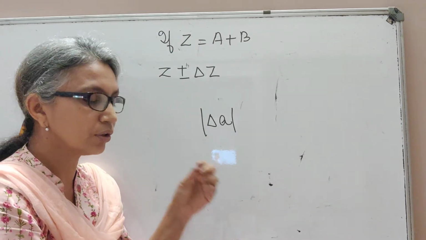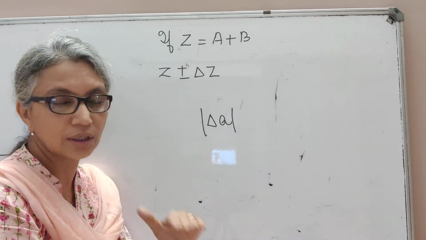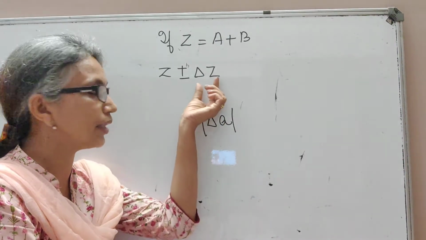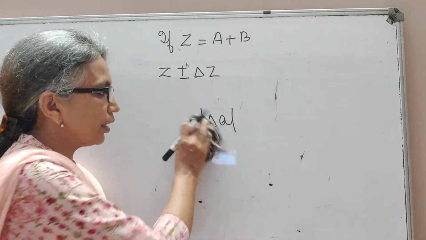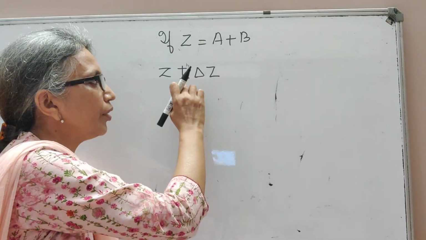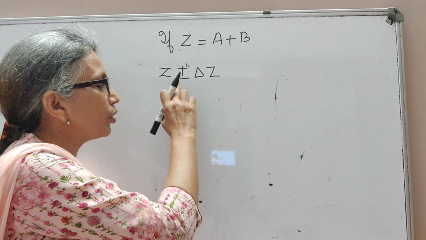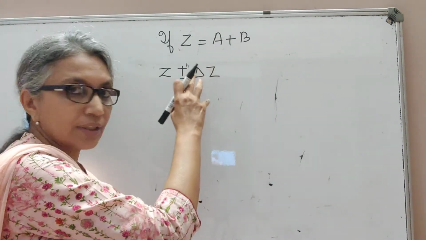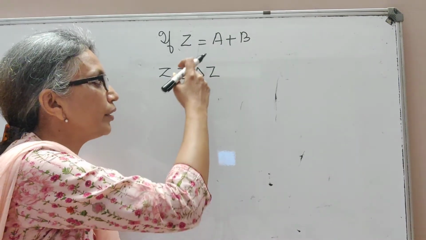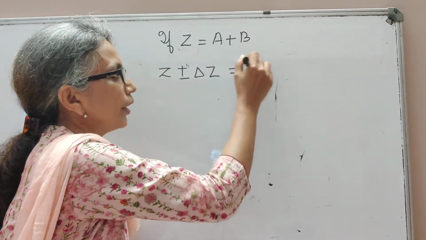So your measured quantity could be greater than the actual value or less than the actual value by this delta Z. So that is why we are writing the final result may not be the actual value. This delta Z, which is the absolute value, may be added or subtracted to get the true value. Okay, this is equal to A.